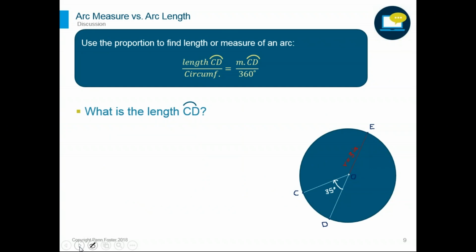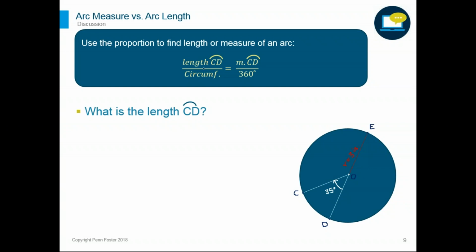So on the top here in that box, you will see the proportion. The proportion is two equal fractions that we know are equal. And we use base information or factual information on the bottom, or the denominators, of each fraction. And then one of the top values will be known or given in the question, and the other one will be the unknown that we have to solve for.